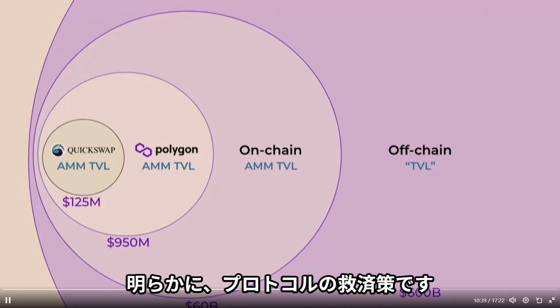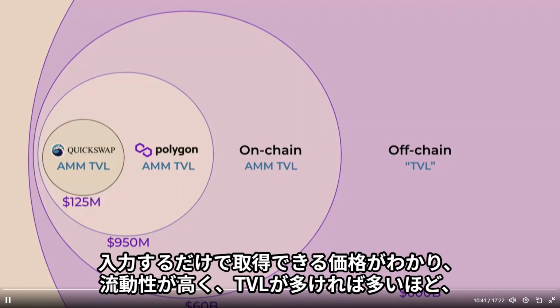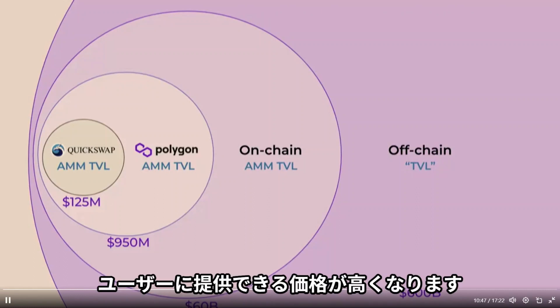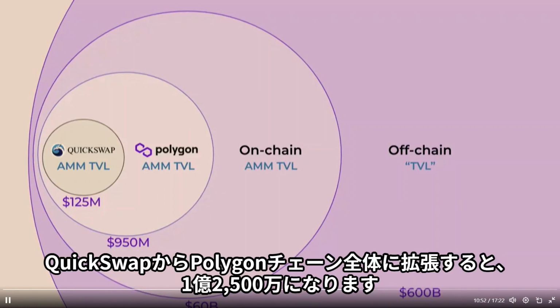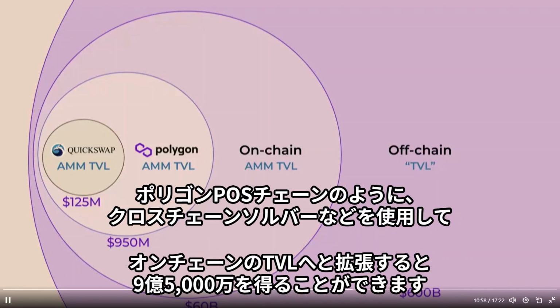And this is just a slide showing the potential price you can get by tapping into more liquidity. The more the TVL, the better price you can give to users. If I do just QuickSwap themselves, I have 125 million. If I expand to the entire Polygon POS chain, I can get 950 million.